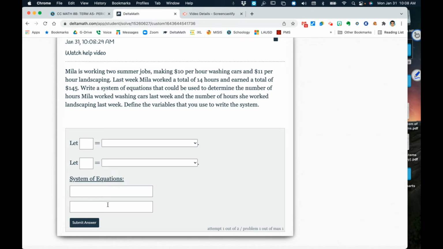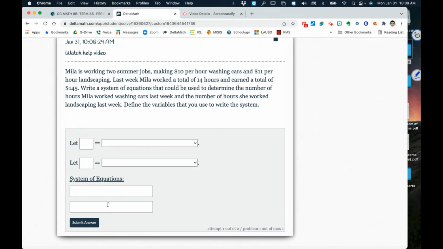It says Mila is working two summer jobs, making $10 per hour washing cars and $11 per hour landscaping. Last week, Mila worked a total of 14 hours and earned a total of $145.